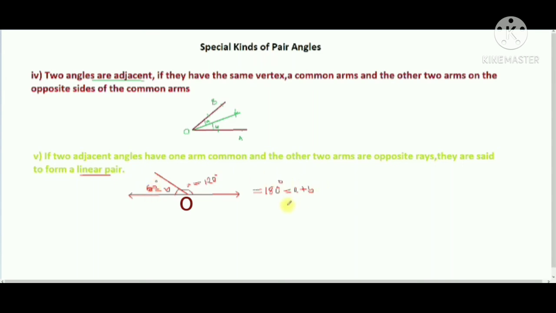So if we add these two, you see, A is 120 and B is 60 degrees. Now if we add this, then this is 180 degrees. Okay, and these linear pair angles are what? A linear pair. Okay, hope you understood.